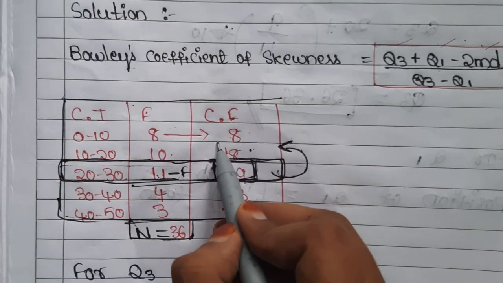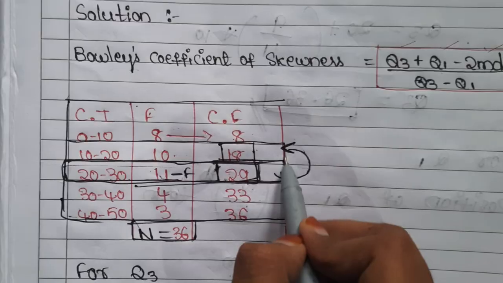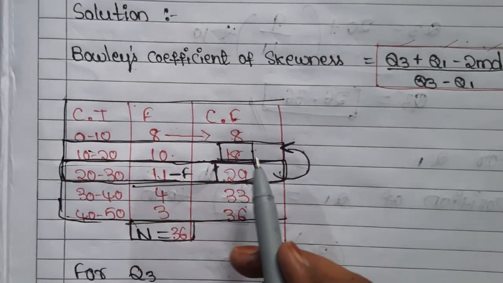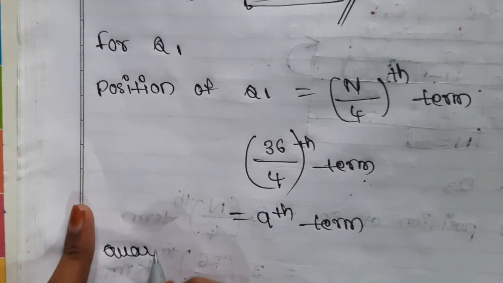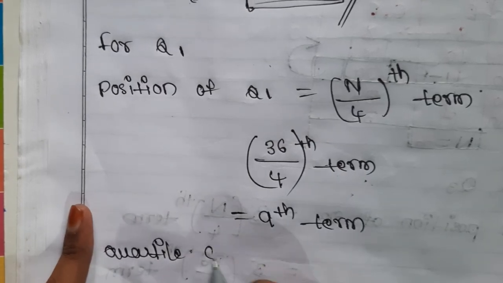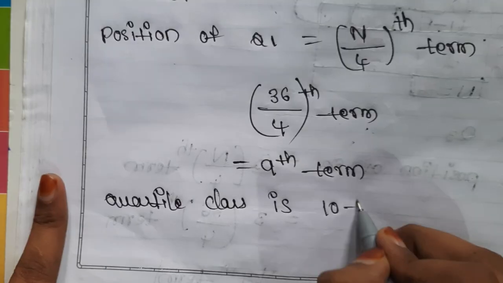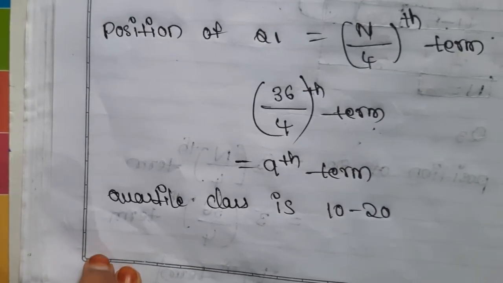That is why we will be taking 18 as our term. So this is our quartile class. In the same way as we have done for Q3, the quartile class is 10 to 20.